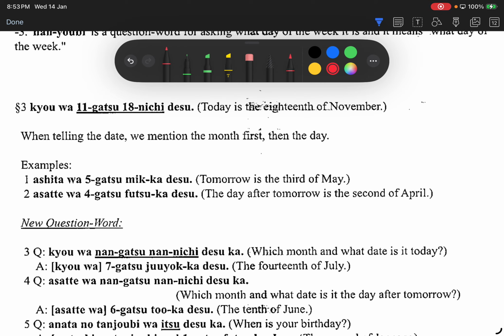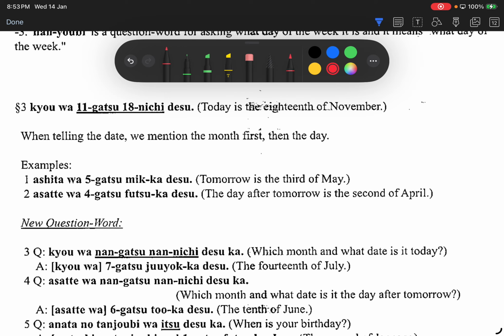Then I want to go back to the calendar days again. 1 to 10 you know already. So there are also special numbers, 14, 20, 24. These also don't go with the normal counting system. After 11 it's all the normal numbers already. But for 14, 24 and 20, they are still special naming. Especially for 20, hatsuka.